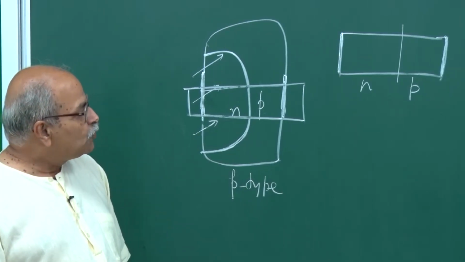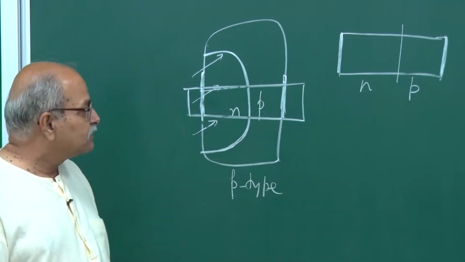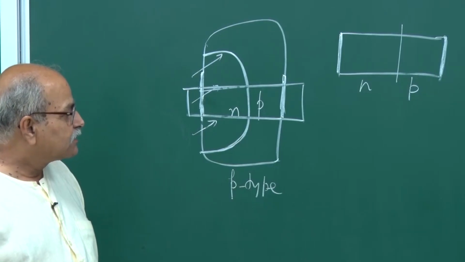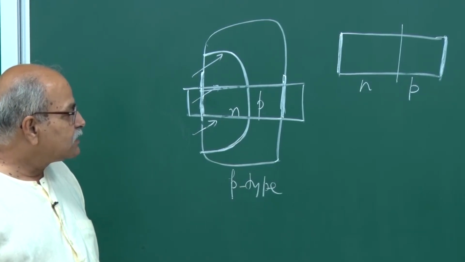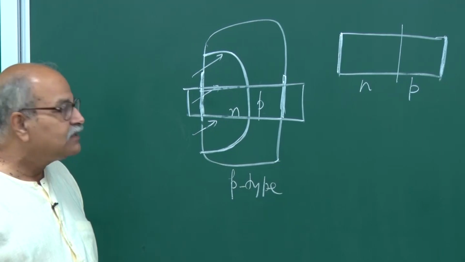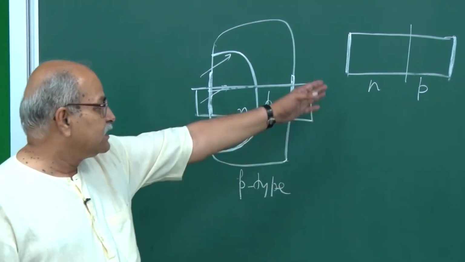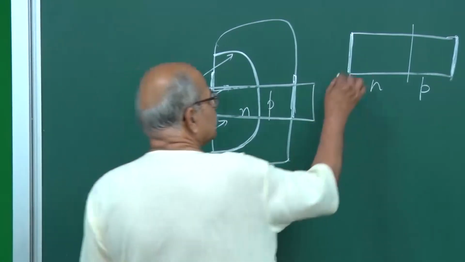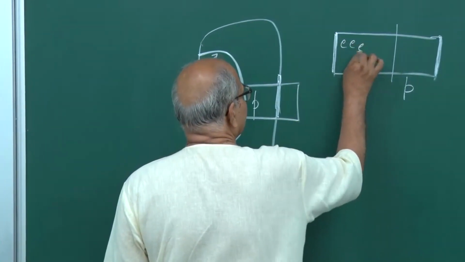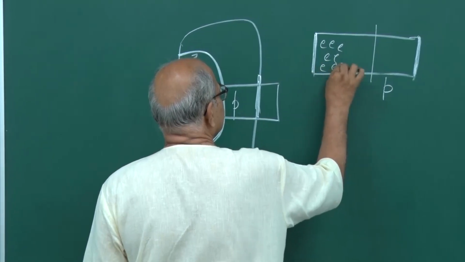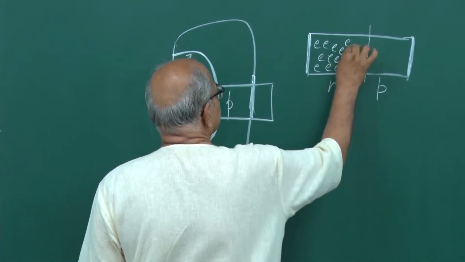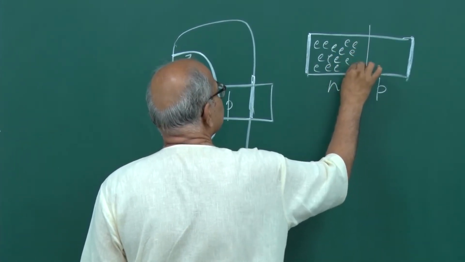Now, if you do create this kind of a p-n junction, it is an absolutely unstable situation, because this is n type. What does it mean? It has a huge number of electrons, large number of conduction electrons, because of those pentavalent impurities.